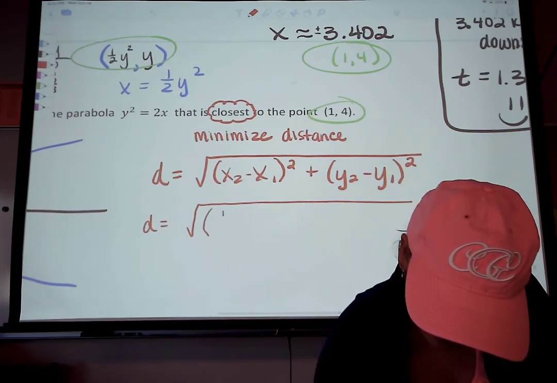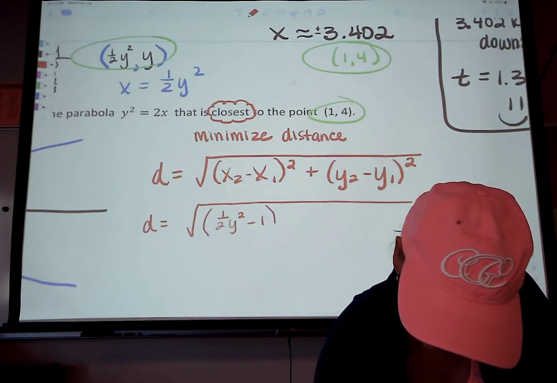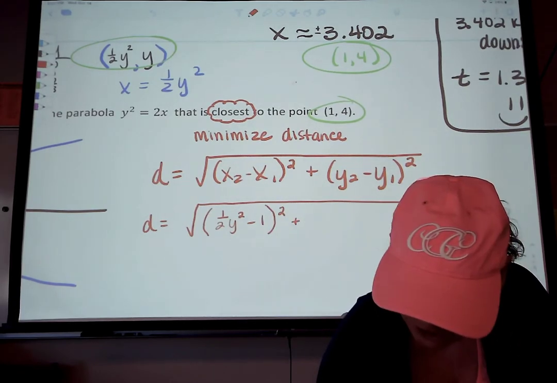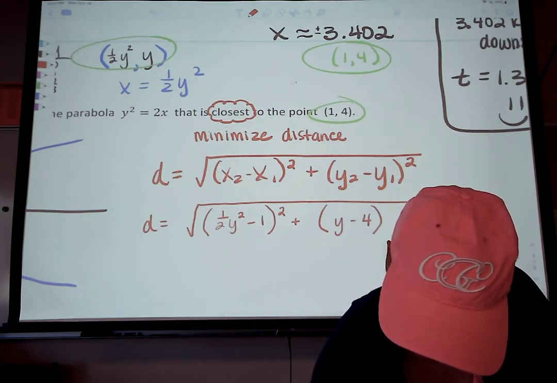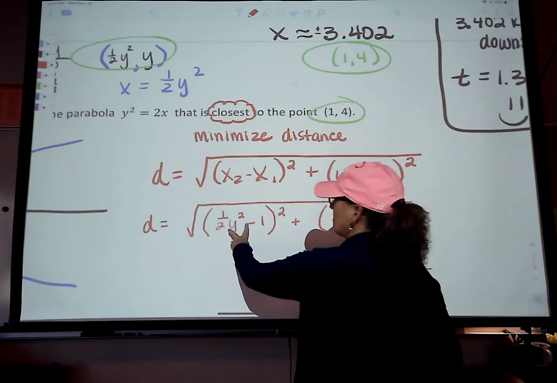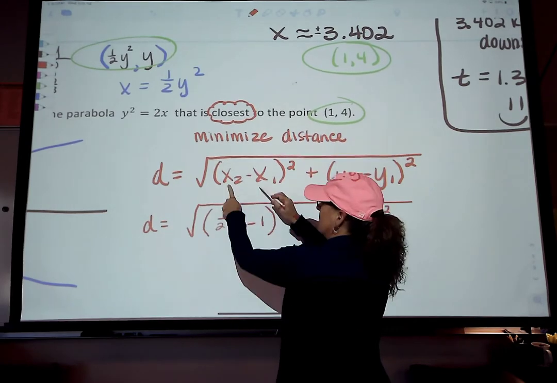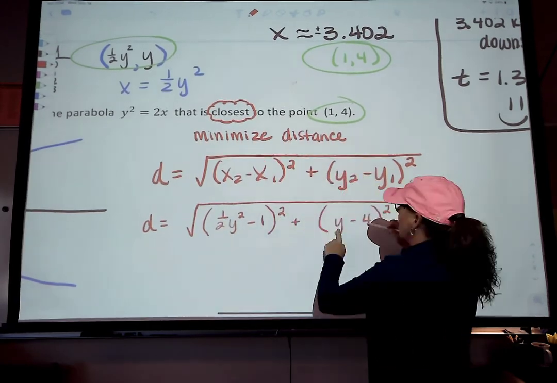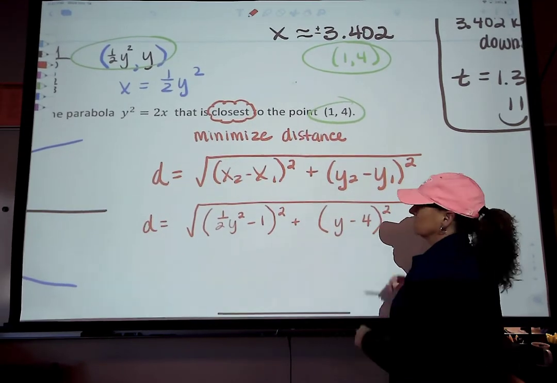So I'm going to go 1/2 y squared minus 1. Subtract your y's. Okay? I grabbed my two x values, subtracted them, squared them. I grabbed my two y values, same order, subtracted them, squared them.